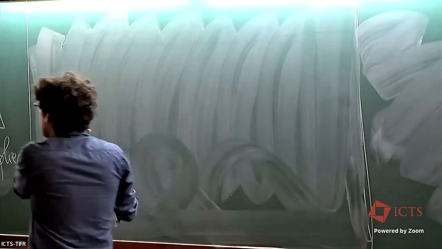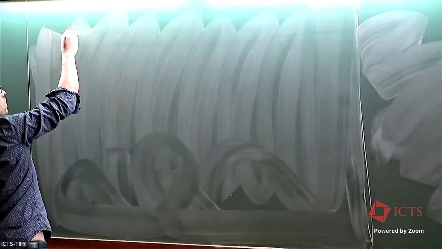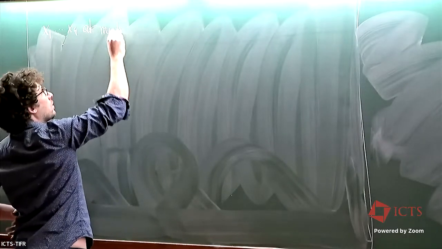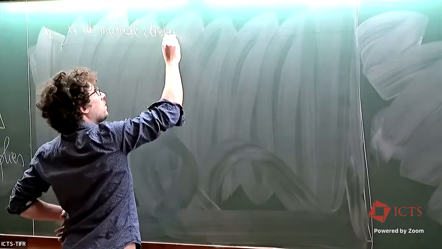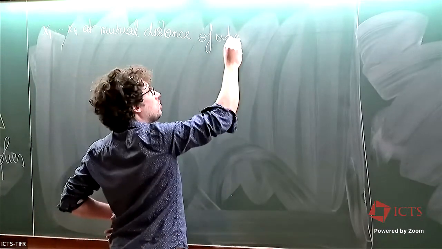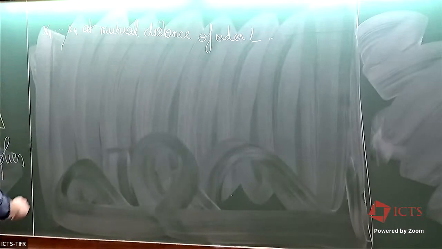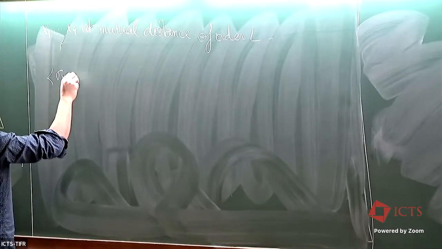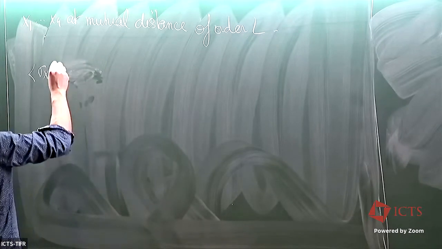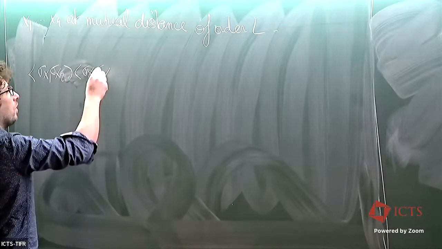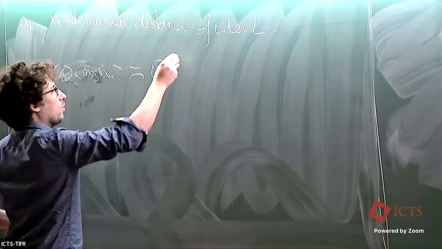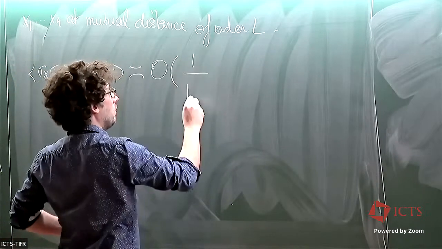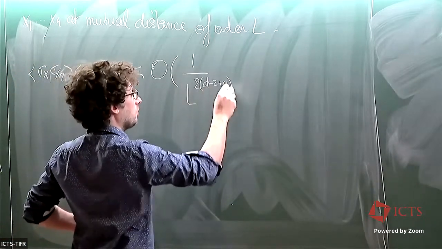So let's take x1 to x4 at mutual distance of order L. So sigma x1, sigma x2, sigma x3, sigma x4, for instance. This is of order what? Well, it's of order 1 over L to the 2d minus 2 plus theta.